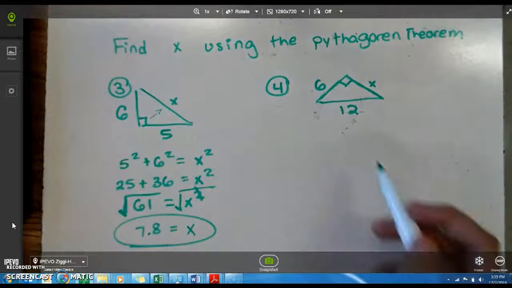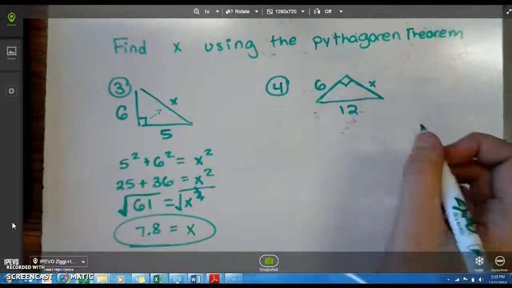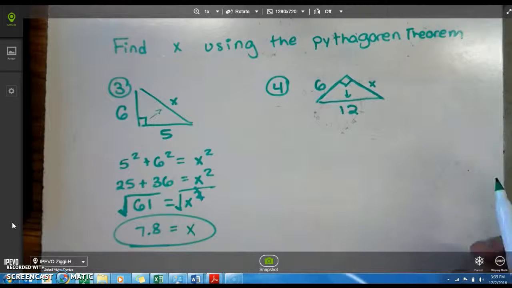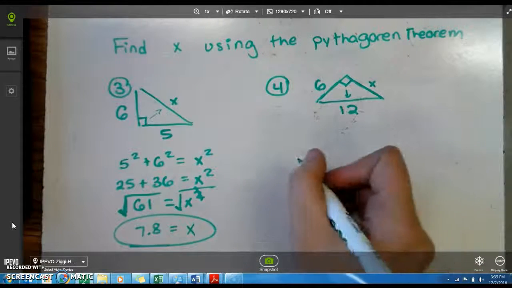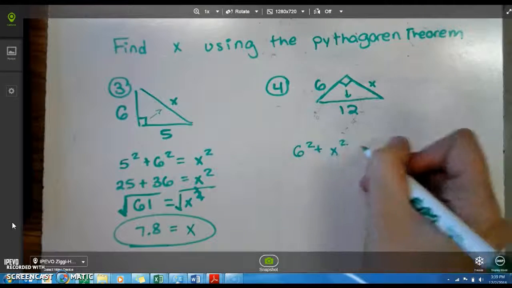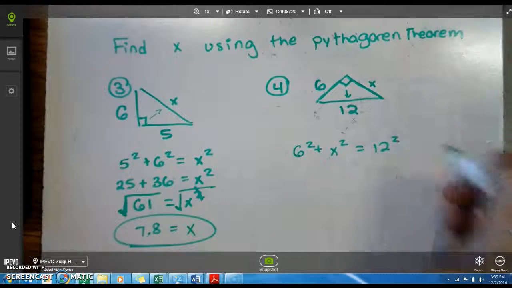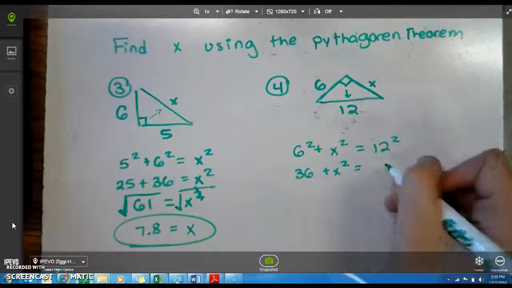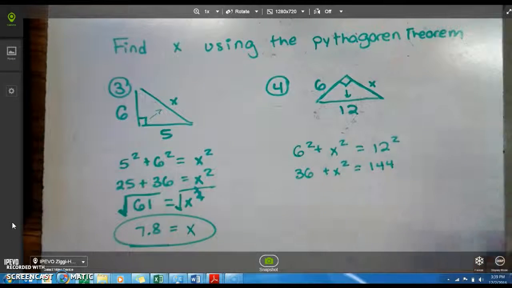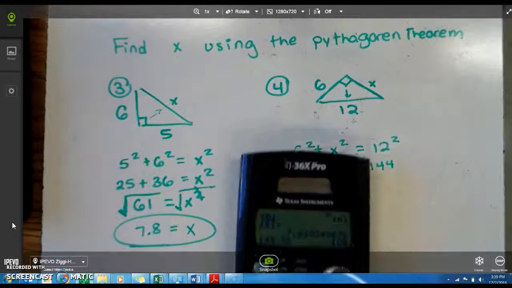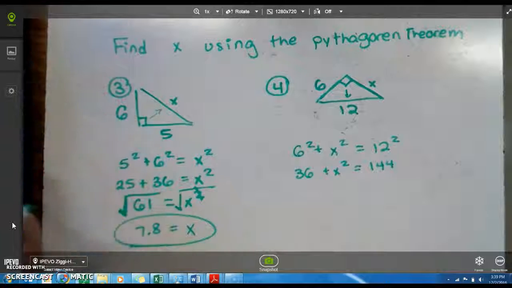So let's do number 2. We've got across from this is 12, so that's going to be my hypotenuse, and the other two can be anything, right? 6 squared plus x squared is 12 squared. 36 plus x squared is 144. Let's subtract that. And that gives me 108.